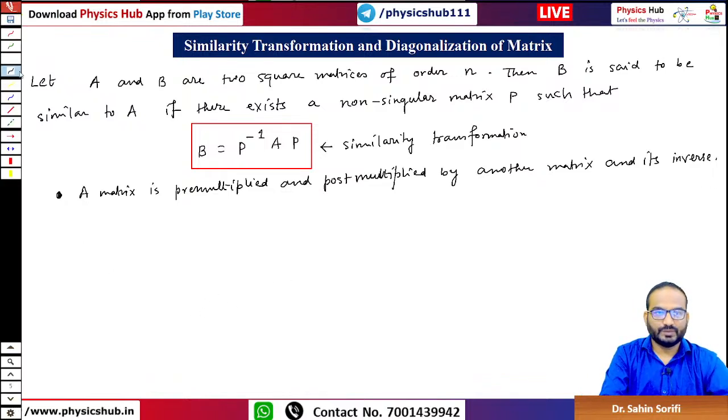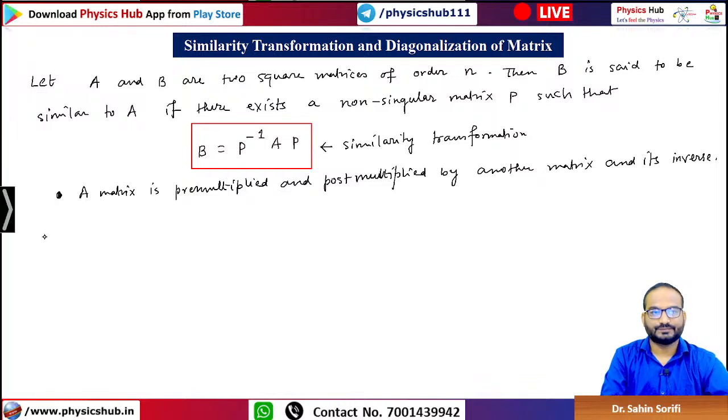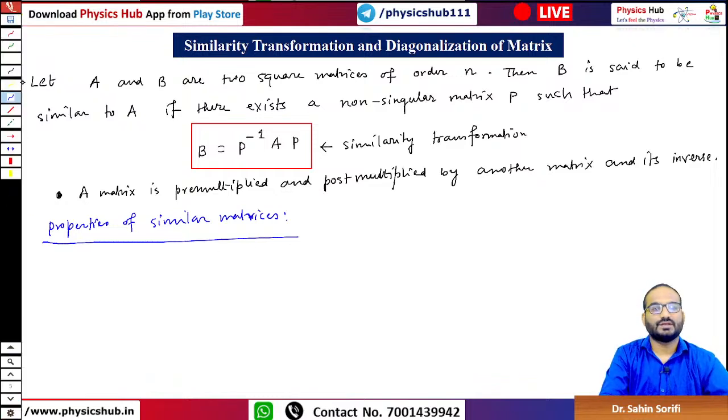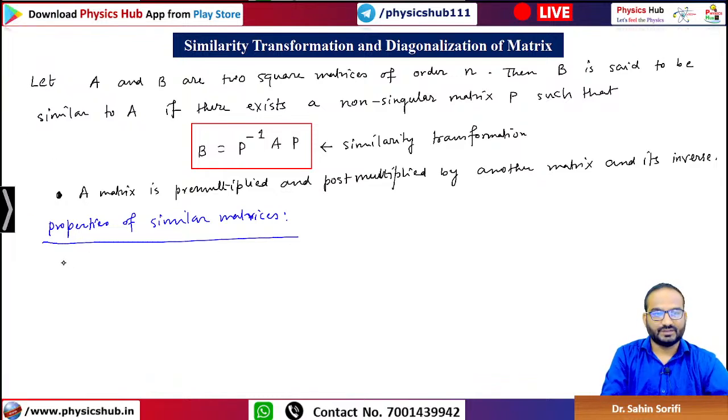Now there are some properties of similar matrices. What are those properties? Properties of matrices which are formed by similarity transformation. So for these two matrices A and B, what properties are the same? They have equal determinants.